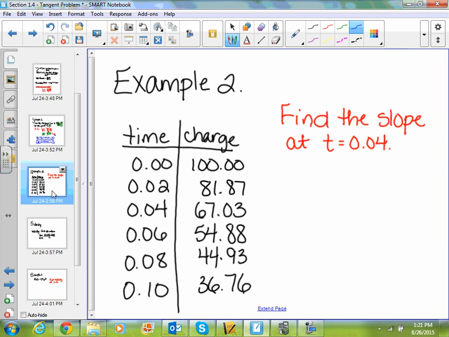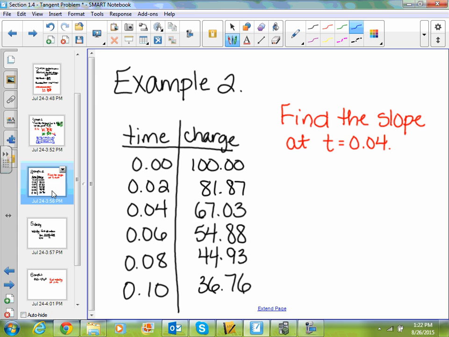If you're given a table, it's a lot easier. So in example 2, I'm given a table of the charge of a battery over time. And so at 0, my charge is 100. At 0.02, my charge is 81.87.